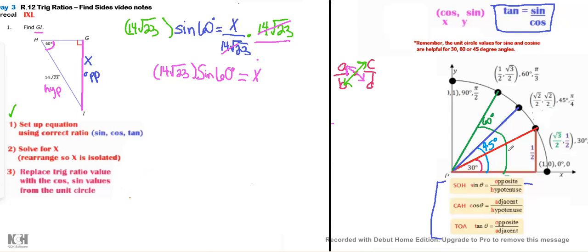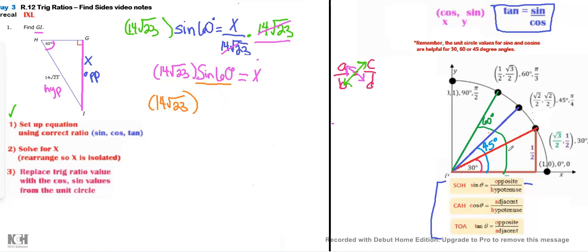Okay, step number 3, we are going to replace the trig ratio value with the cosine and sine values from the unit circle over here, which is so very helpful. So the trig value that we have here is the sine of a 60-degree angle, right? So we're going to just bring this down. We have 14 square root of 23 times the sine of a 60-degree angle.